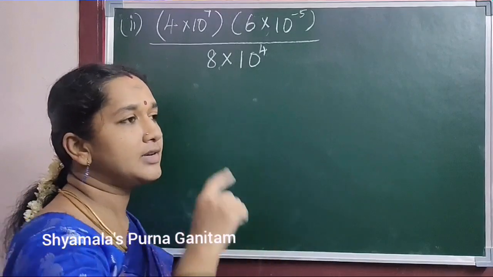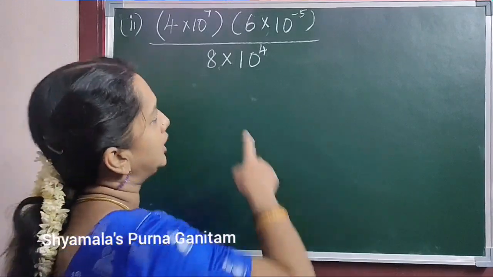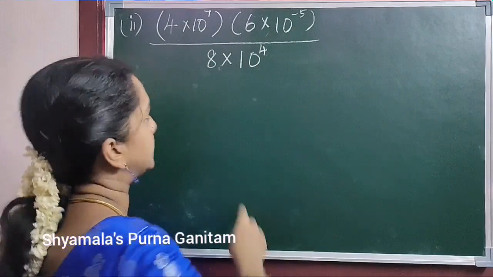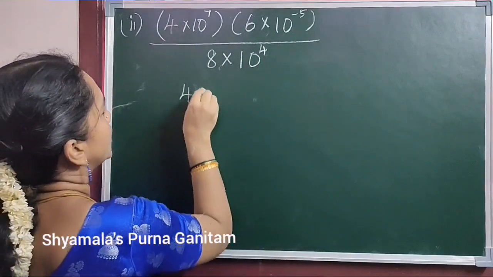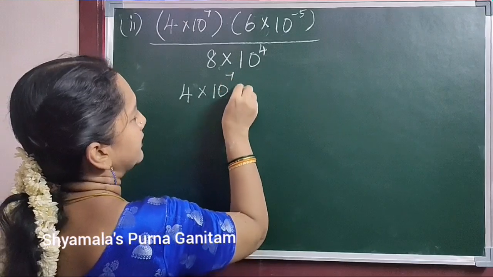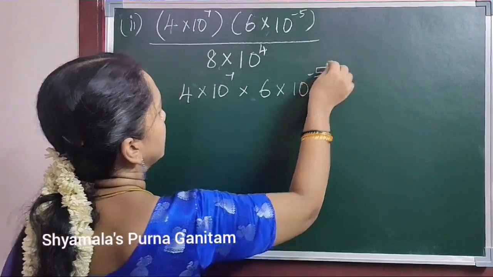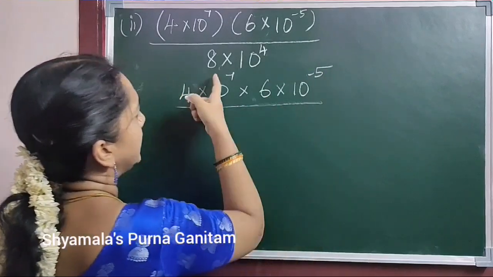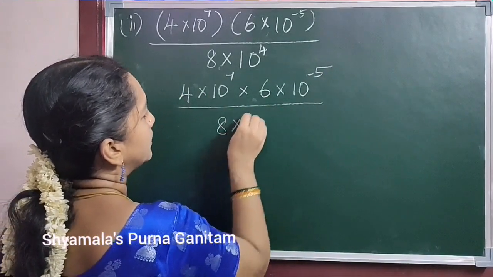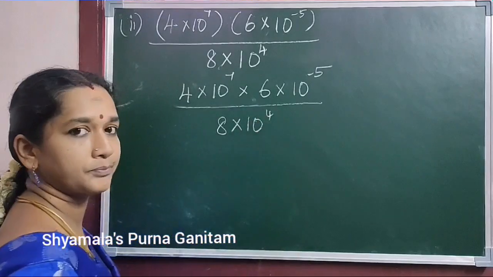Second sum. In the previous sum, we had variables and all. Here we have only numbers. So 4 into 10 power 7 into 6 into 10 power minus 5 by 8 into 10 power 4.